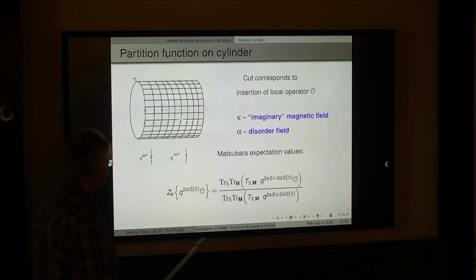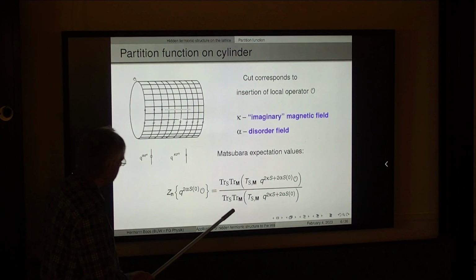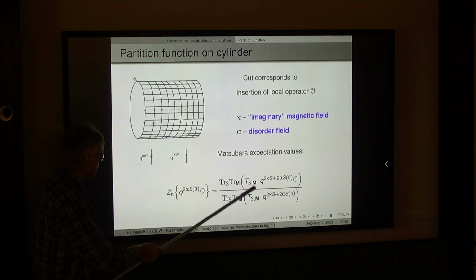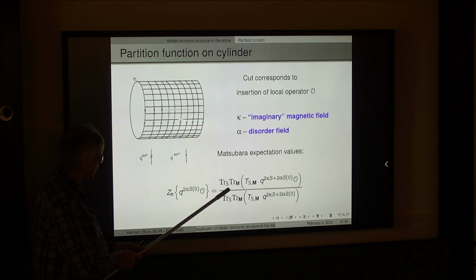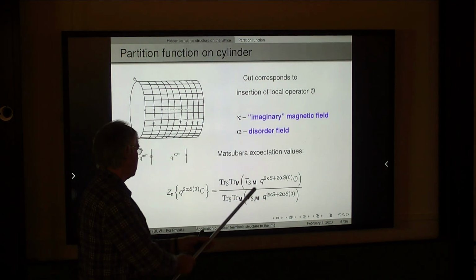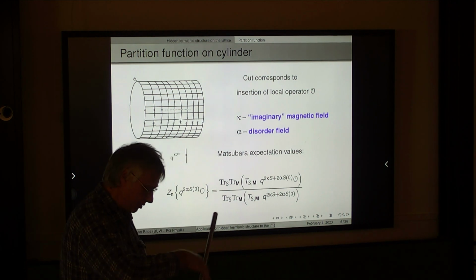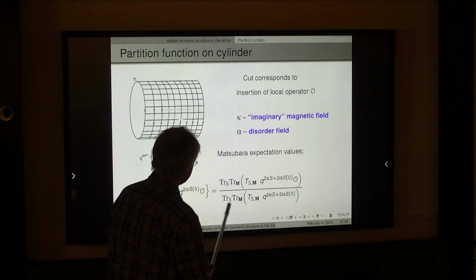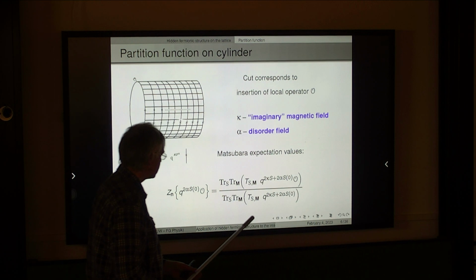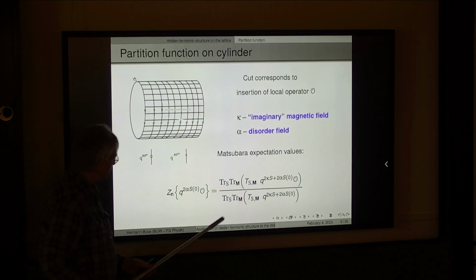So the main object is actually what we call the Matsubara expectation value, which is the ratio of traces with respect to both these spaces of this transfer matrix, which acts in the tensor product of these two spaces, together with the operator.